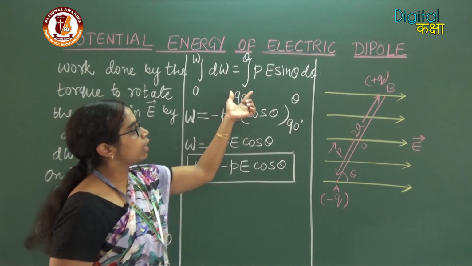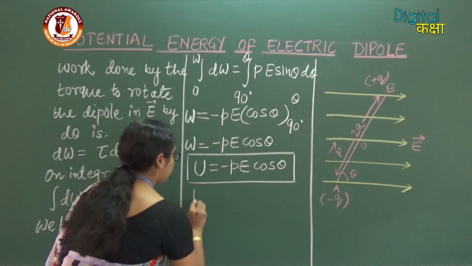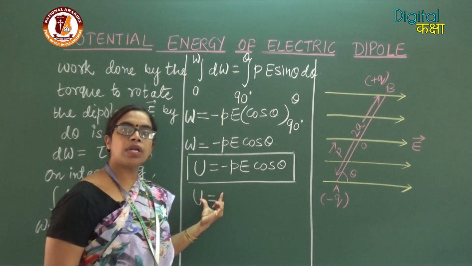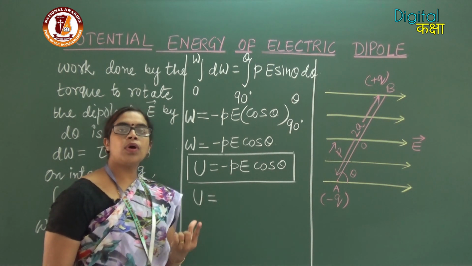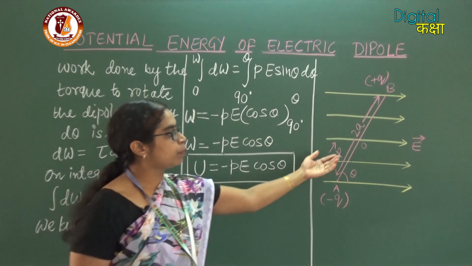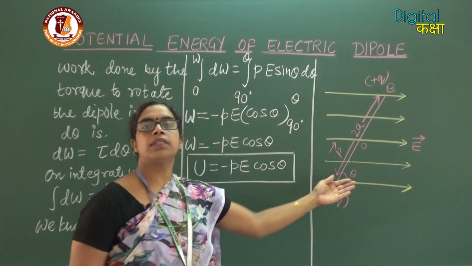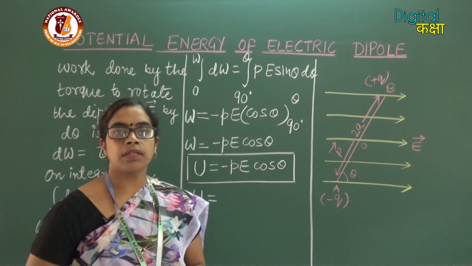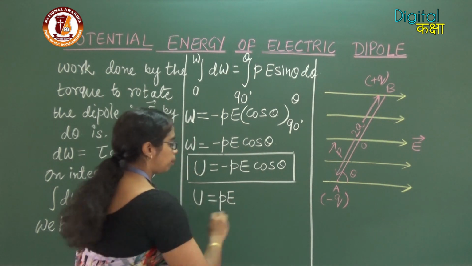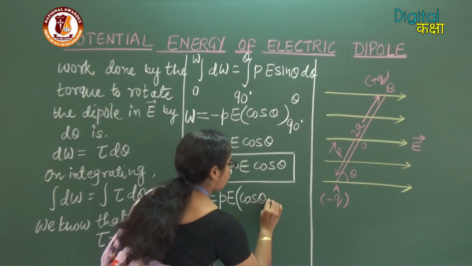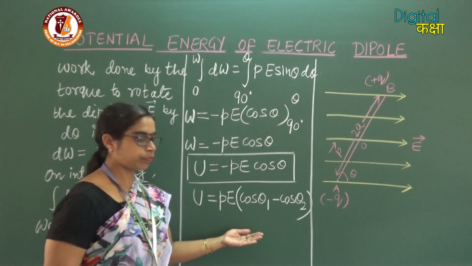After solving, we get the formula for the potential energy when the dipole is rotated in the external uniform electric field from the angle theta 1 to the other angle theta 2: U is equal to PE (cos theta 1 minus cos theta 2).